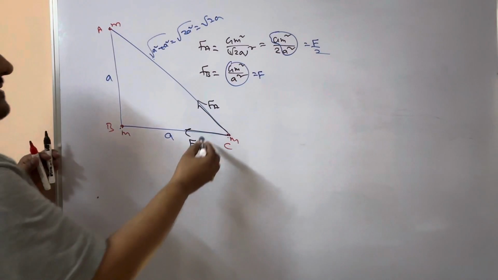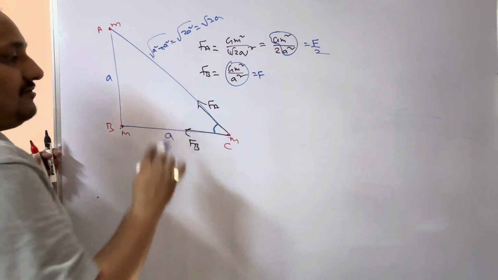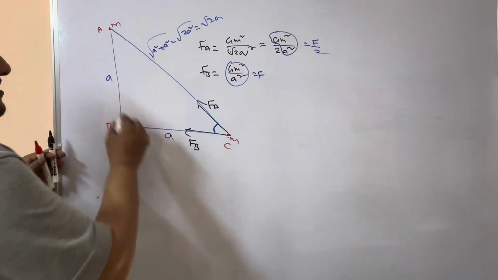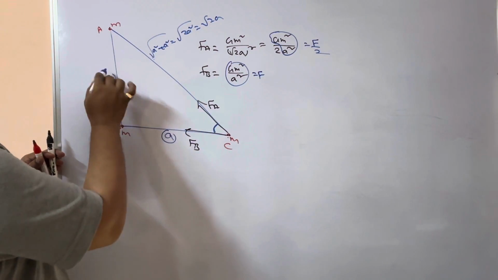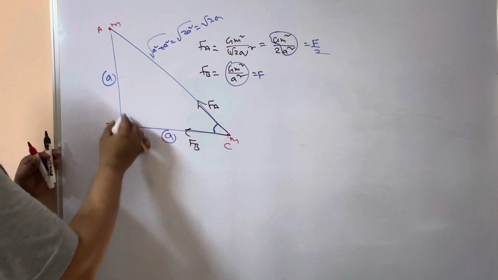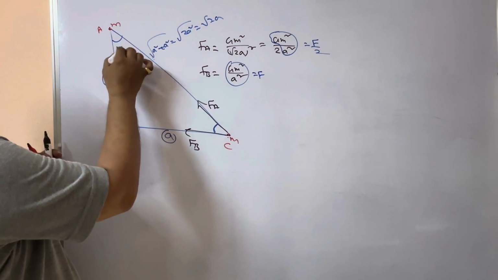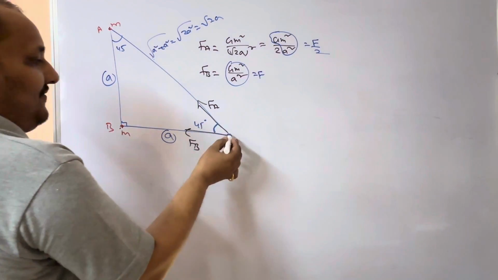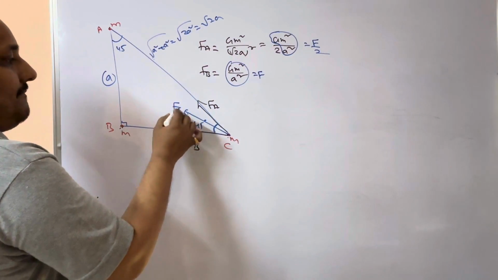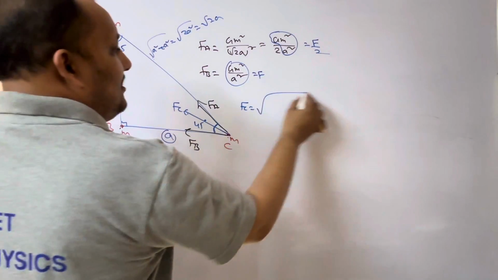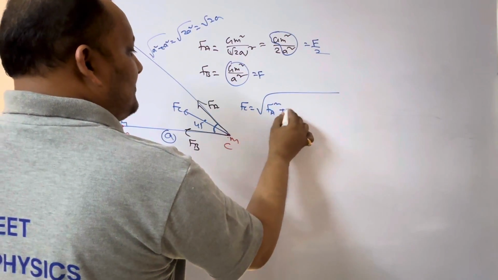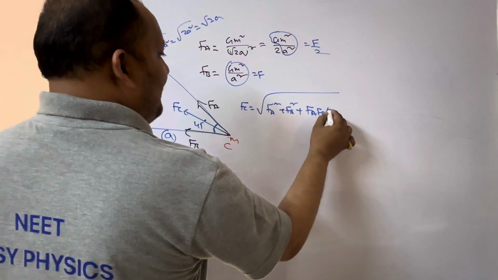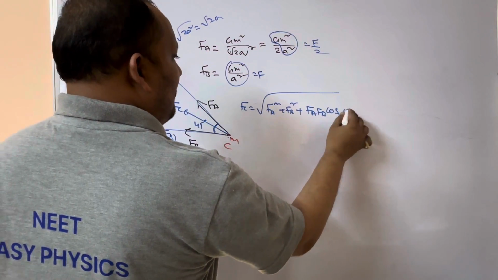Now, what is the angle between these two? This is completely a mathematics relation of how we get the angle. If two sides are equal, their opposite angles are also equal. If it is 90, the others are going to be 45 and 45. Therefore, the resultant force on C, FC, is going to be root of FA square plus FB square plus 2 FA FB cos 45.